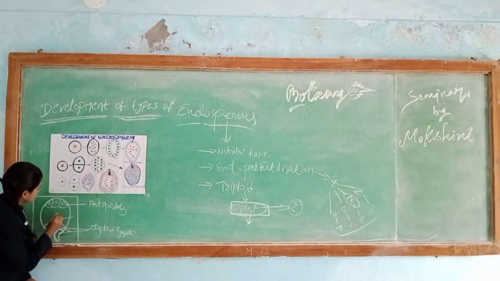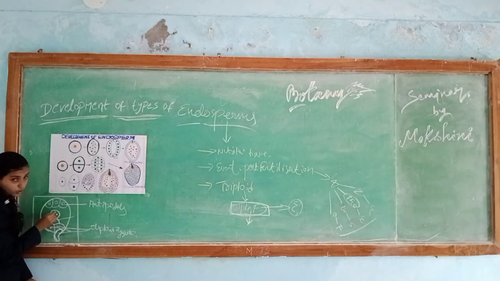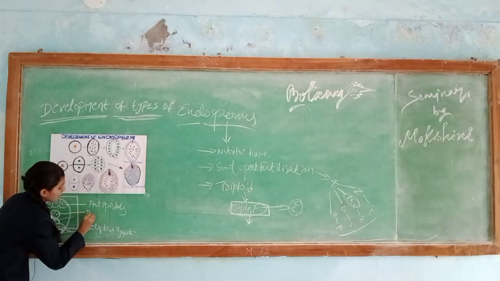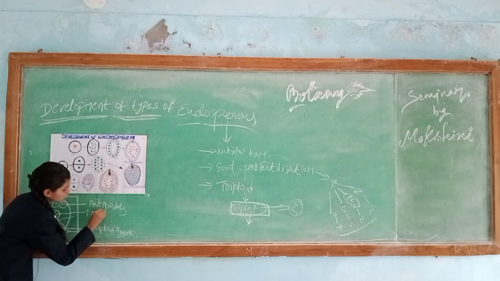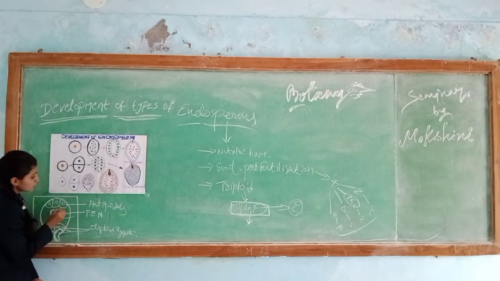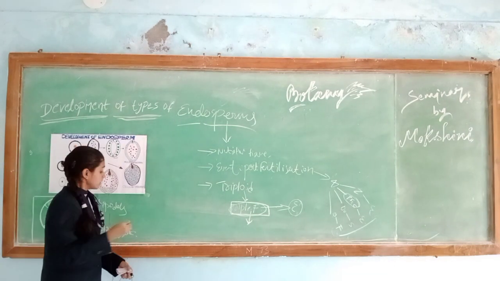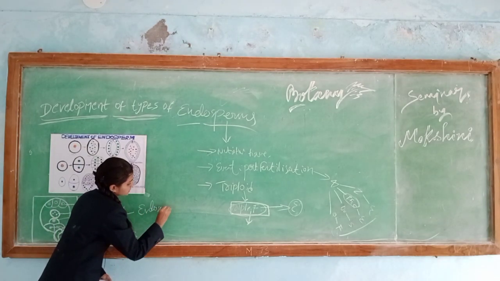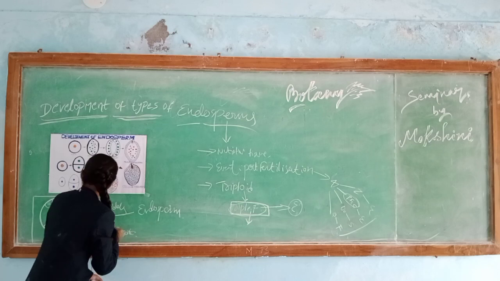Here at the center, 2 polar nuclei are present. This is our second male gamete, which fuses with these polar nuclei and results in the formation of the primary endosperm nucleus. Again this primary endosperm nucleus results in the formation of endosperm, right?